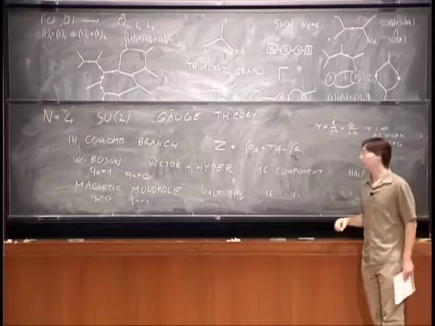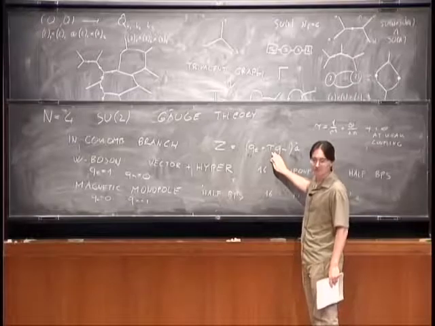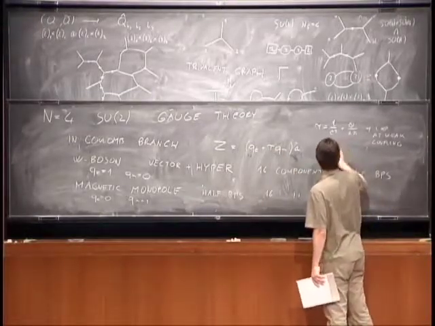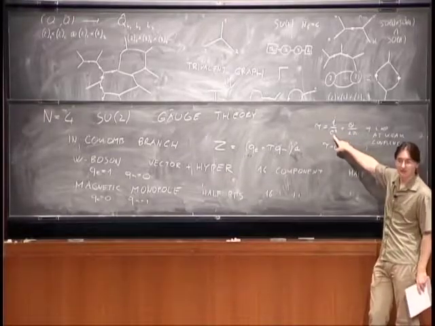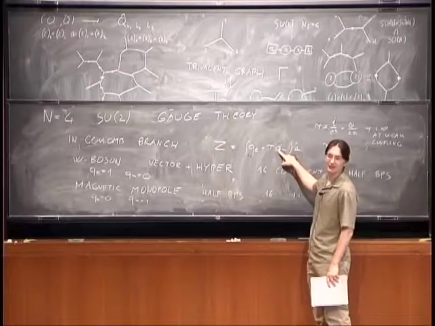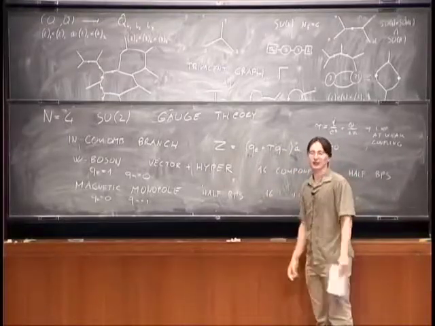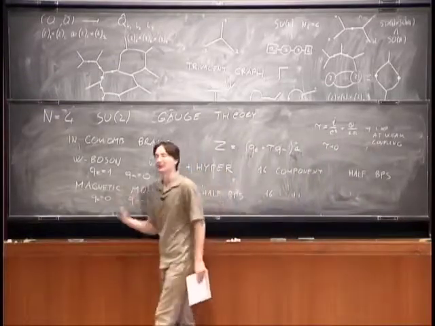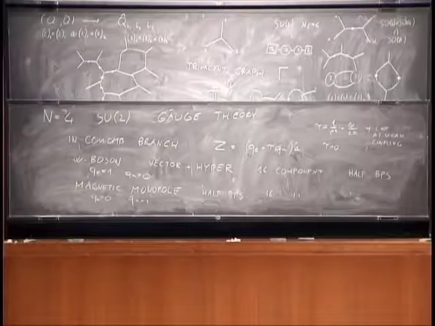So this magnetic monopole starts its life very heavy. But as tau goes to 0, meaning as the gauge coupling is made very, very large, the monopole becomes lighter and lighter. At some point, it becomes lighter than the W boson.